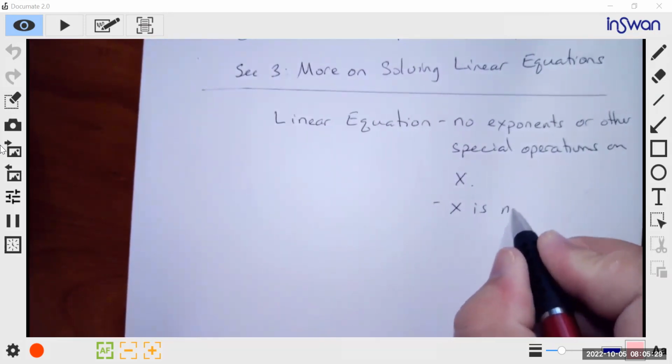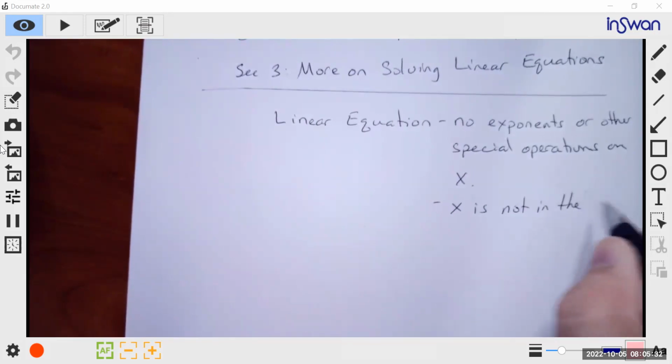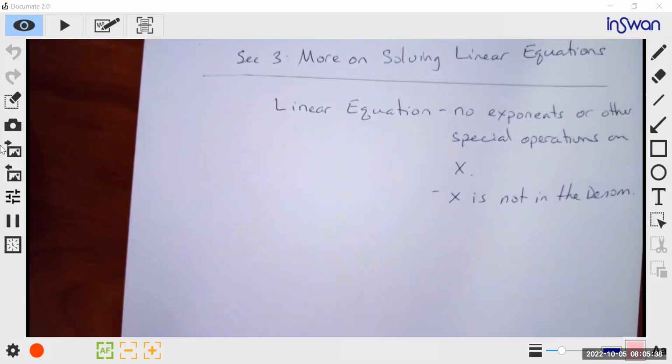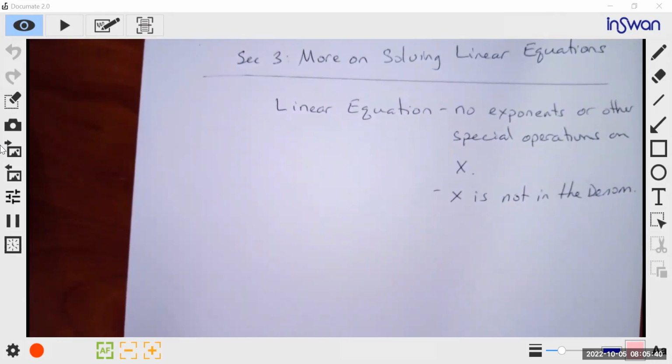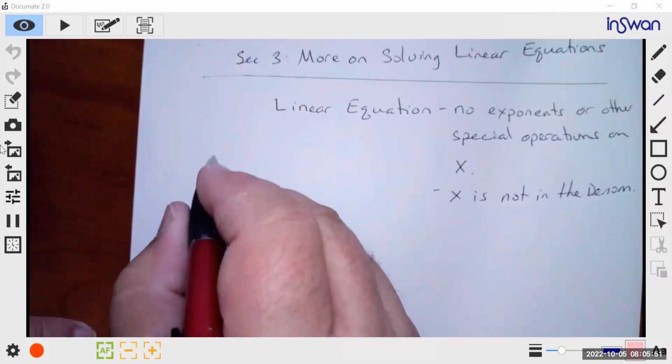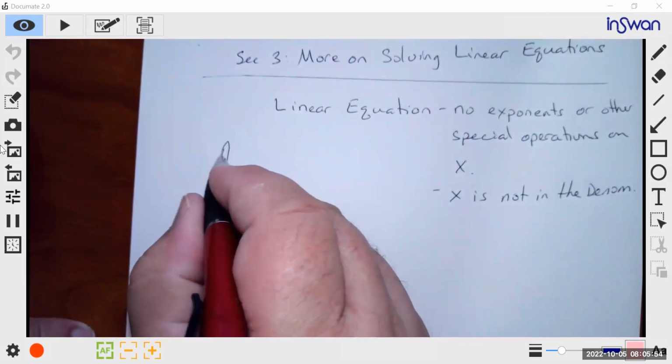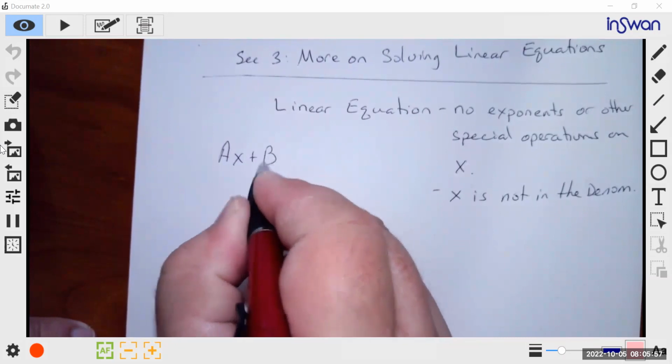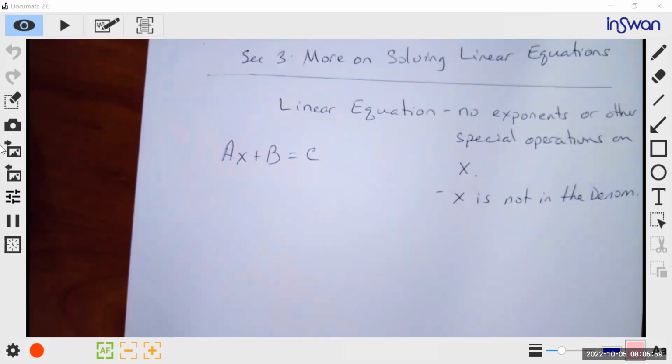X is not in the denominator. Basically, it looks like this, where A, B, and C are any numbers: integers, decimals, fractions.